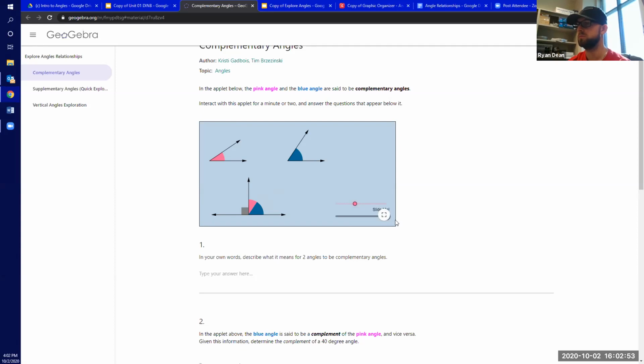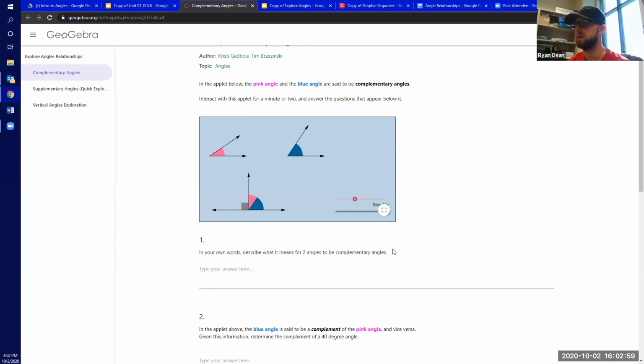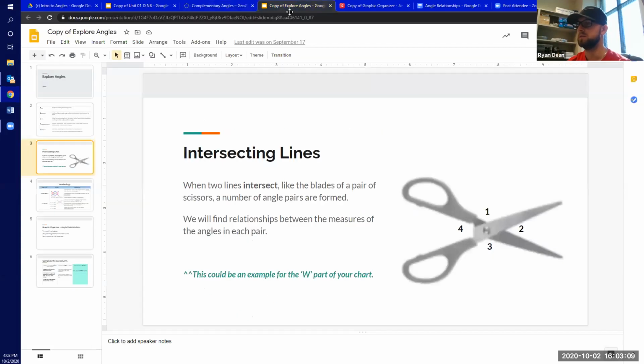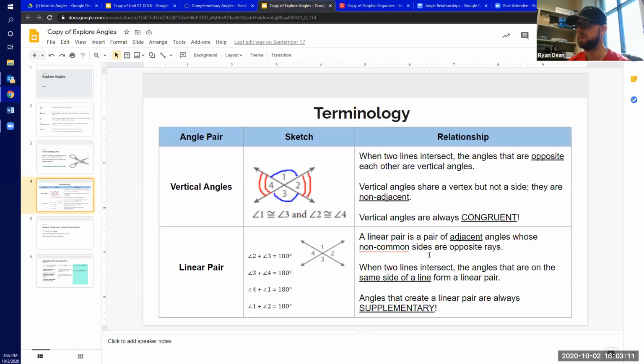There's the blue. When you add these two together, they end up making 90 degrees. So that's what it's showing here. Now, one thing that you may see is what this says right here, a complement. We'll discuss that in just a second because we have some examples here that we're going to talk about.